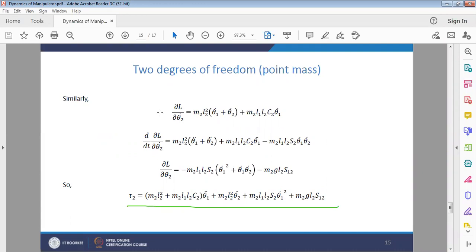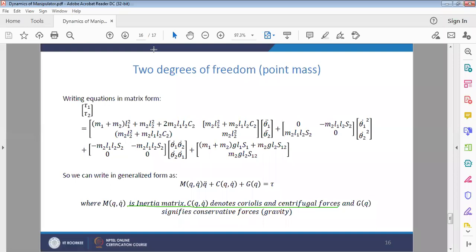On the LHS we have the matrix tau 1, tau 2. The RHS is the inertia matrix, acceleration matrix, Coriolis component matrix, and velocity matrix, and next the gravitational force matrix.